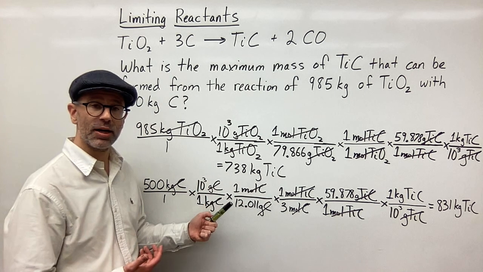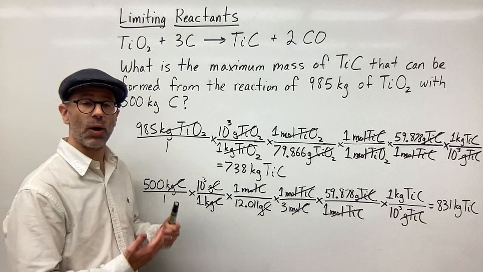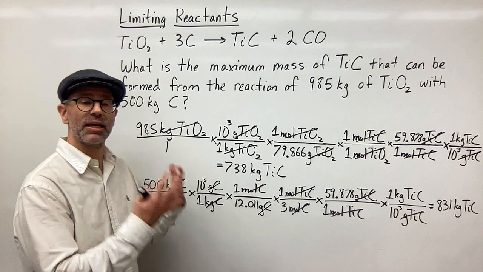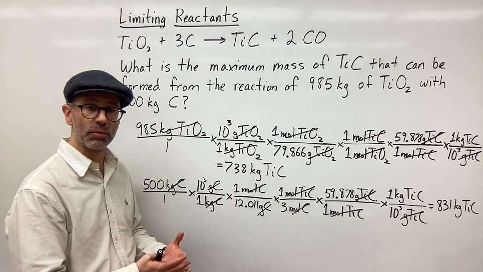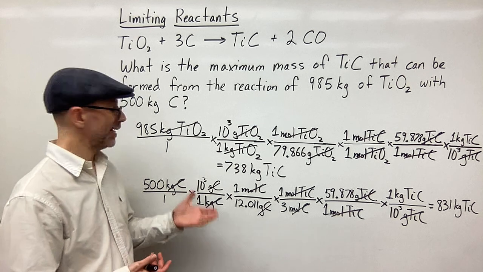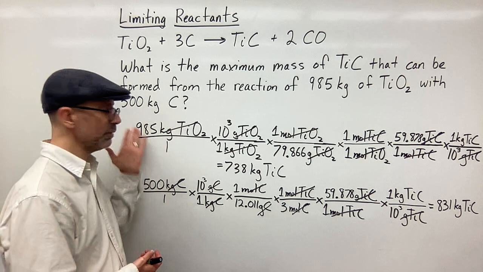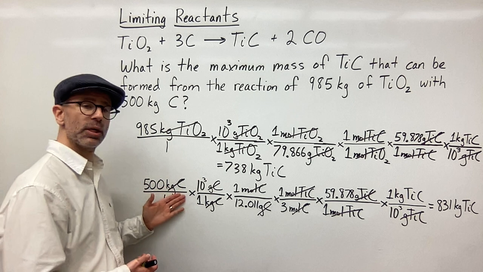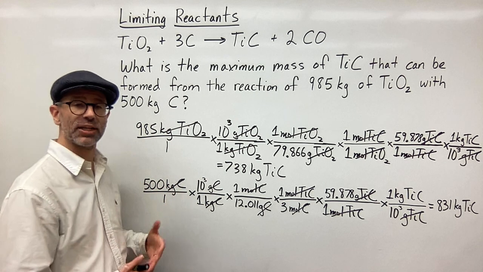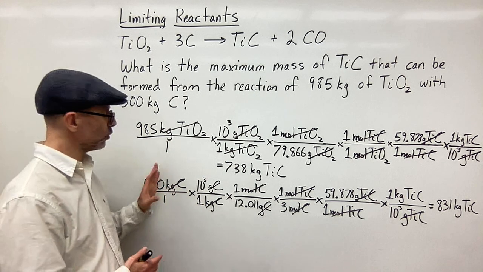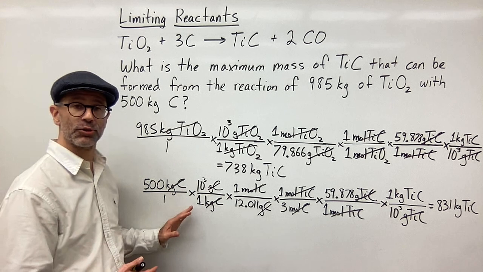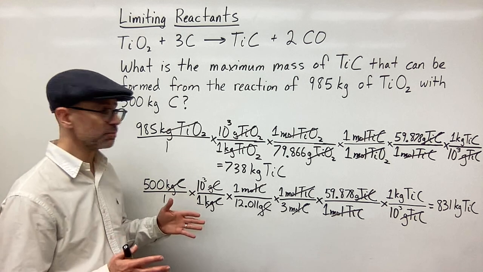So less product means limiting reagent. Why? Because it's limiting the amount of product that can be formed. And how does it do that? It disappears. It runs out. So this would be my limiting reagent. Carbon would be the reagent that's in excess, so this would be left over after the reaction stops.